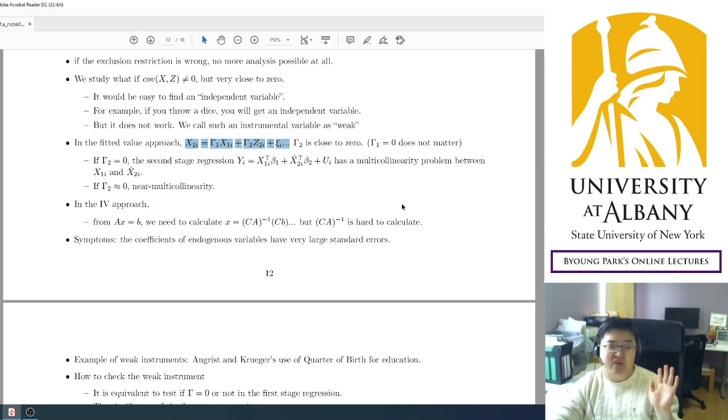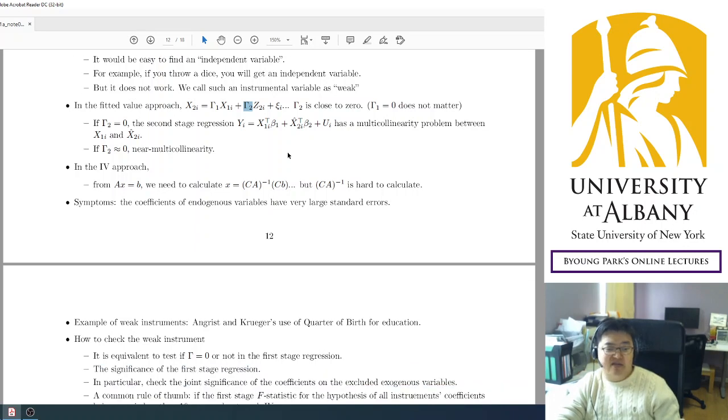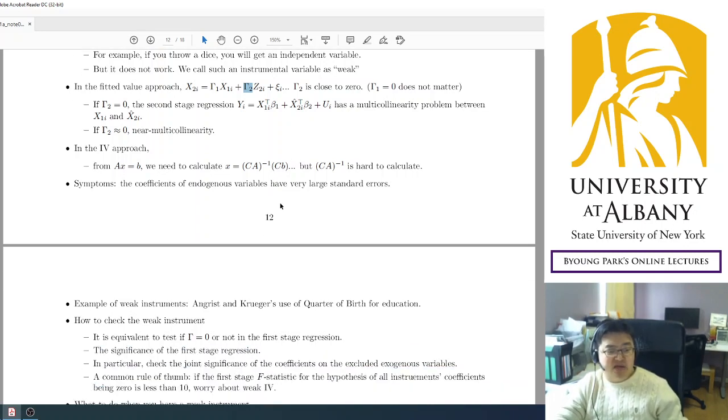Whether or not you use the fitted value approach, estimate the reduced form regression of the endogenous variable x2 on the exogenous variables and the instrument. Then you can test whether the coefficient gamma 2 is statistically significant, that is, different from 0. If you find gamma 2 insignificant, you have a problem. It's pretty easy.